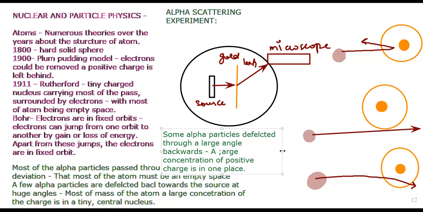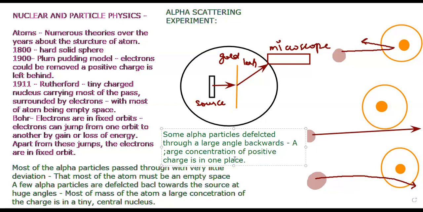This is how they actually came up with the concept of a nucleus, that they saw that some were completely deflecting back. So they said, okay, the charge must be concentrated right at the very center.